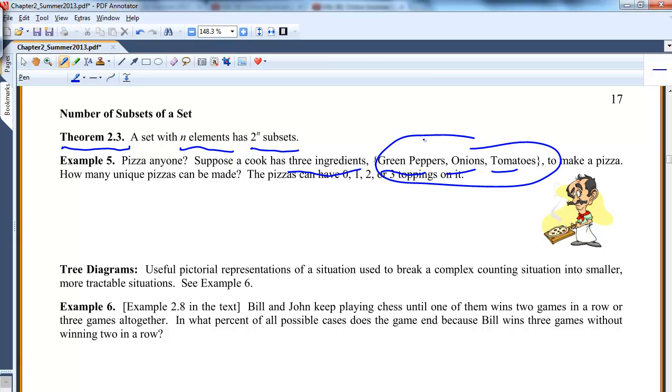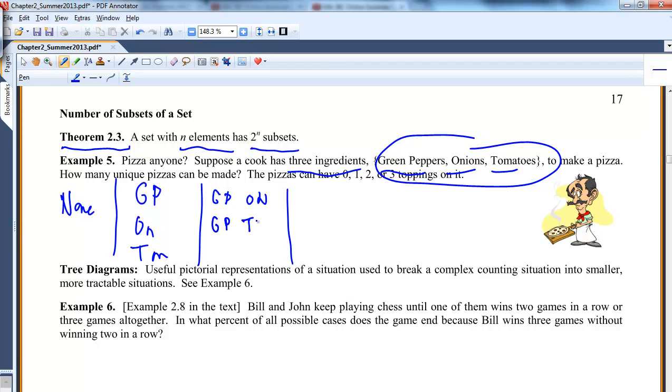So for example, on your pizza you could have none of these items on there, or you could have exactly 1 item. So you could have green pepper, you could have onion, you could have tomato, or you could have any 2 items, like green pepper and onion, or green pepper and tomato, or onion and tomato.